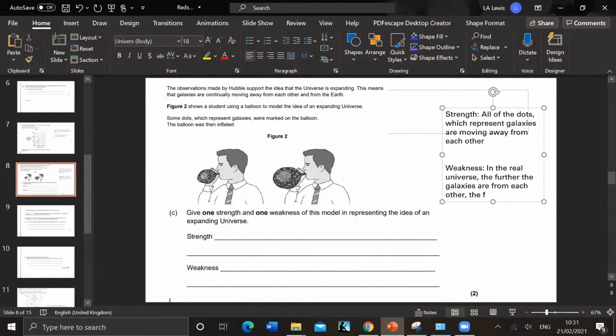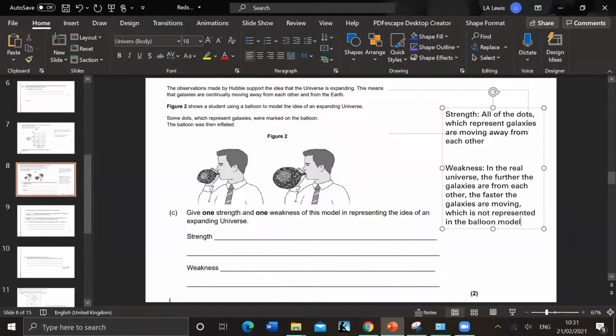So we can't really replicate this on the balloon. The faster, because the universe is accelerating. So the faster the galaxies are moving, which is not represented in the balloon model.